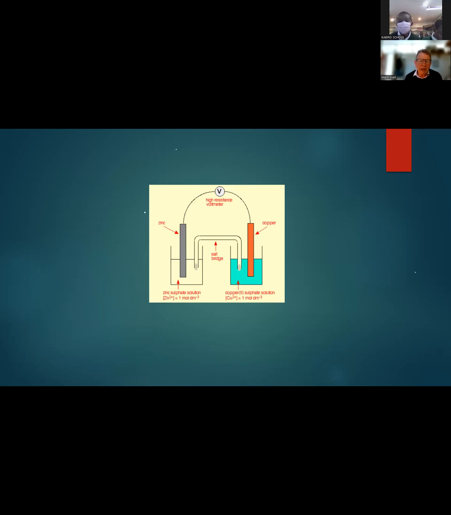So all of this over this side and all of this over this side is called a half cell. This one here is a zinc half cell. And over this side, there is a copper half cell. So the whole thing together is a cell. Now, cell really means like a little battery.